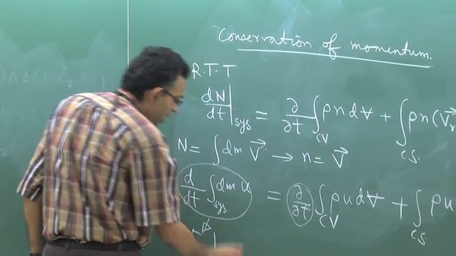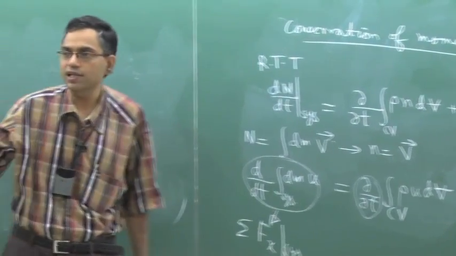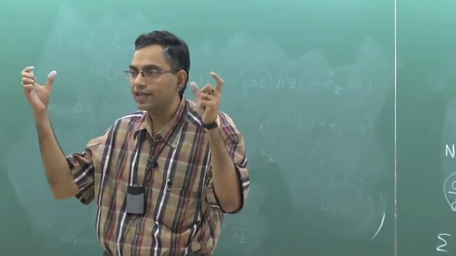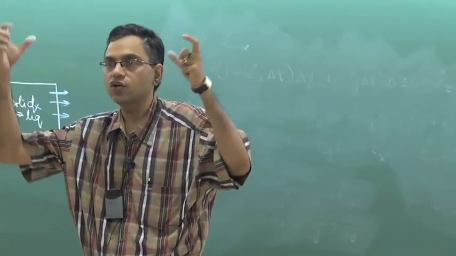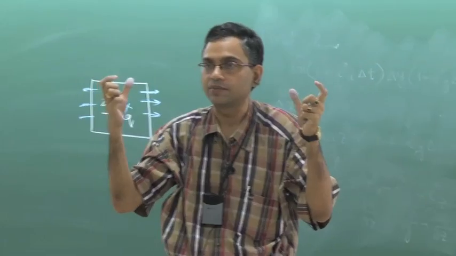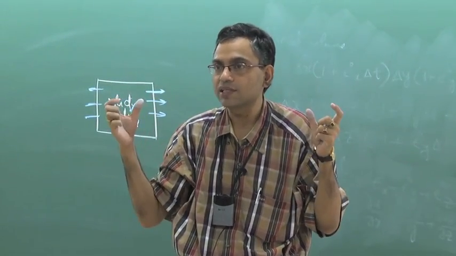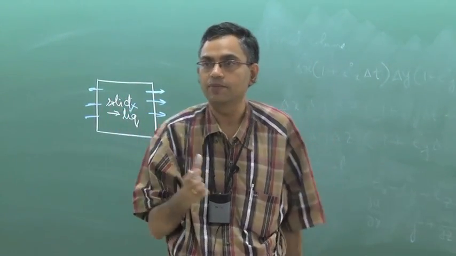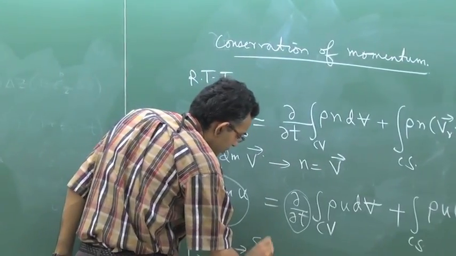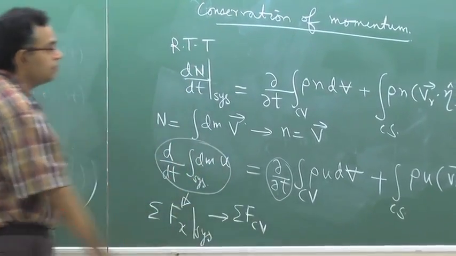And because while deriving the Reynolds transport theorem we have taken a limit as delta t tends to 0, the control volume almost coincides with the system. Therefore, the force on the system and the force on the control volume are the same. So, this is the resultant force acting on the control volume.